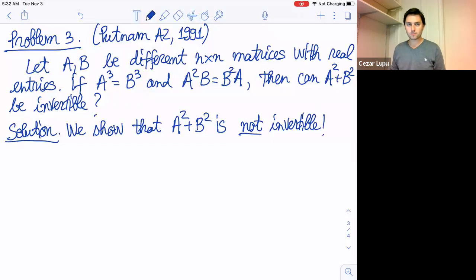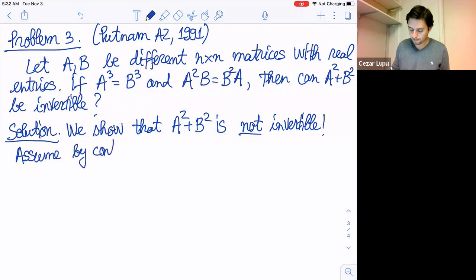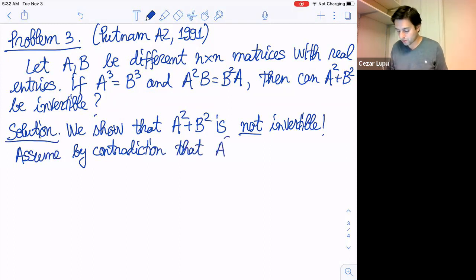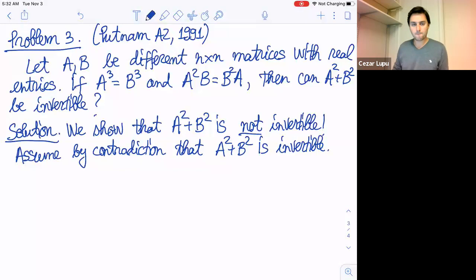Right? Okay. So assume by contradiction that this matrix is invertible. Right? All right. Well, then the inverse exists.